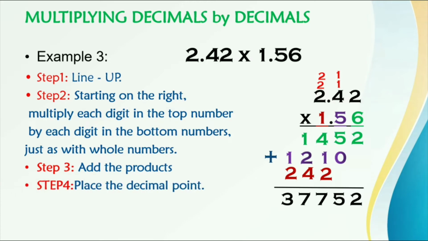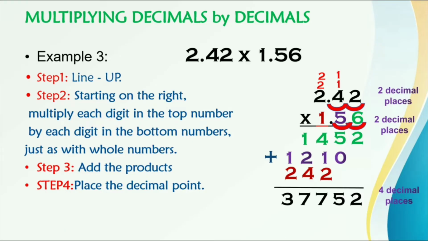Okay, so, gagawin natin is, bilangin muna natin kung ilang decimal places meron yung ating factors. Okay, so sa una, we have 1, 2. May 2 decimal places tayo. Next is, 2 decimal places uli. So, i-add natin yung decimal places na minultiply natin. So, we have 4 decimal places. So, kung ano yung sum nila, yun yung i-apply natin dun sa final answer.